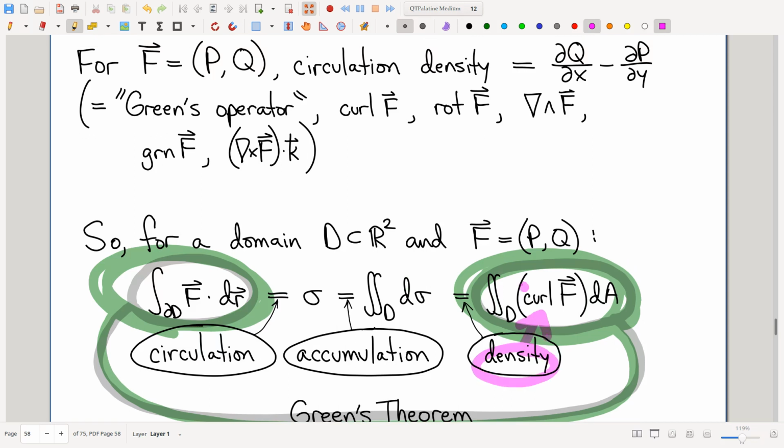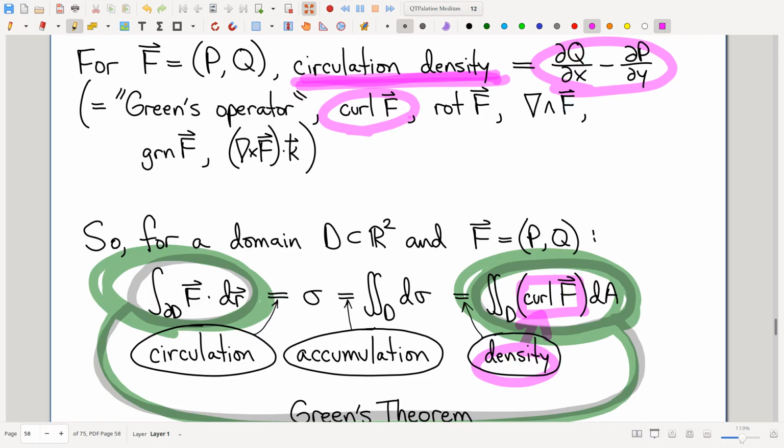And again, I claim that density, circulation density, how much of this stuff is there per unit area? How much circulation is there per unit size? Thus the term, circulation density. And I claim that it's equal to this formula, which y'all will recognize from Chapter 3 we previously called curl.